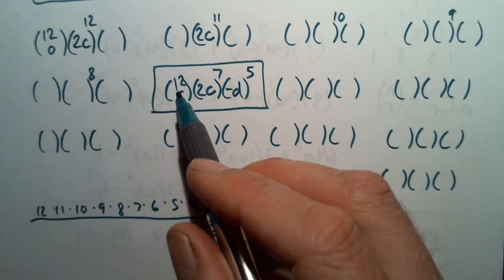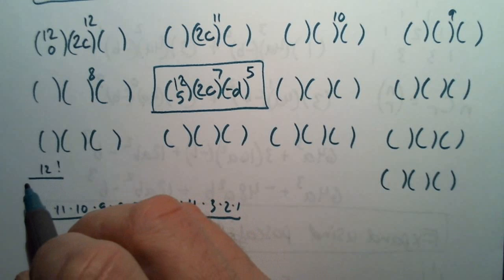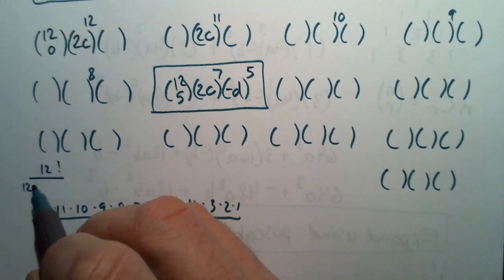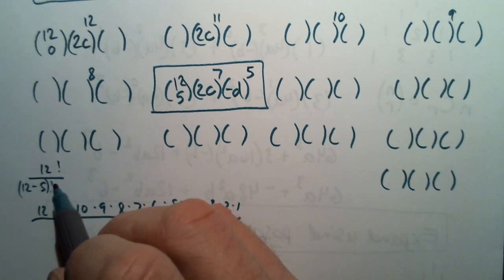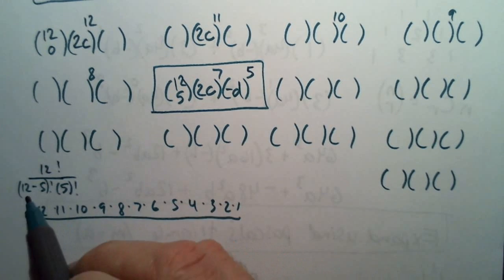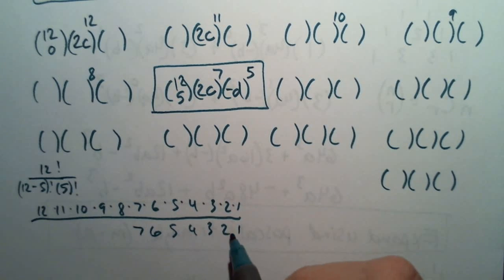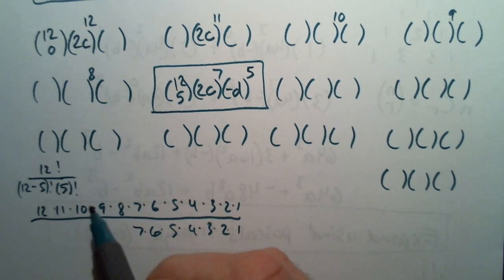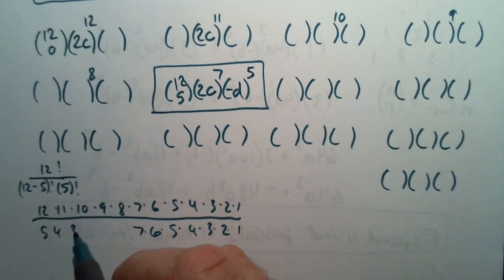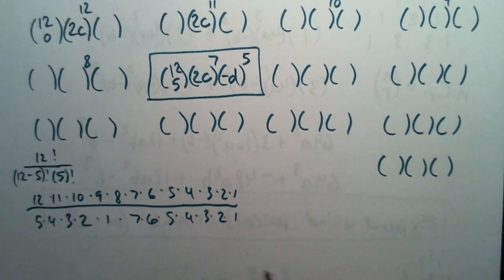And then we'll have, in the denominator, it's 12, numerator is 12 factorial, 12 minus 5 factorial, 7 factorial, and 5 factorial, and we know that all of that cancels.